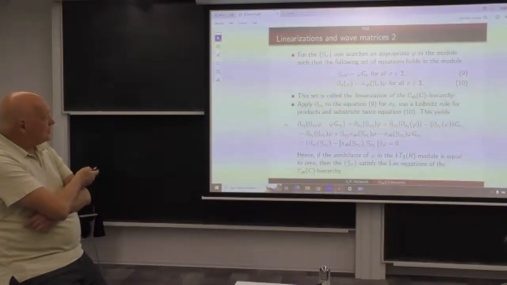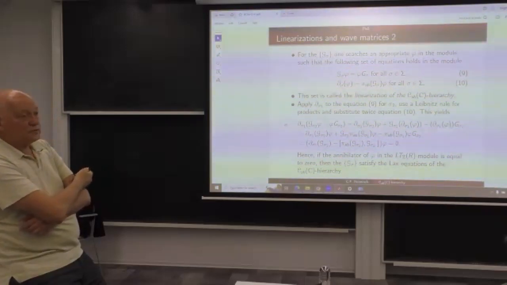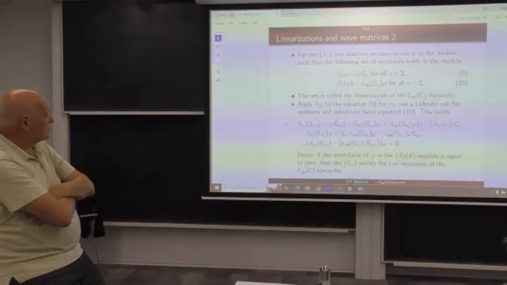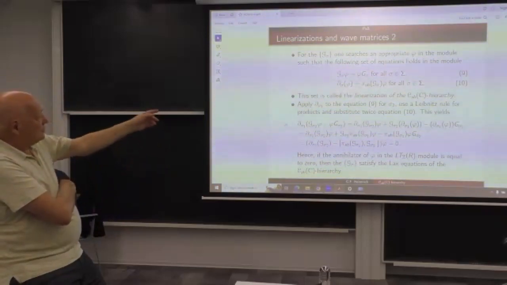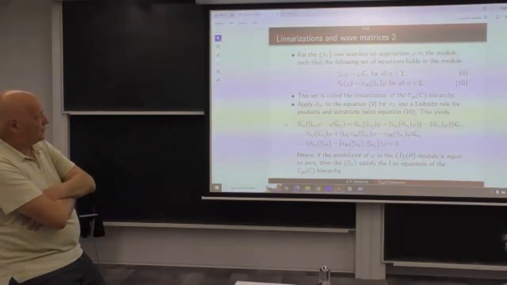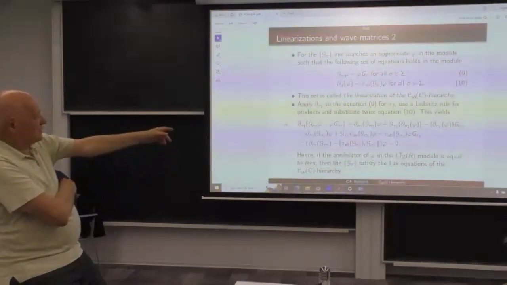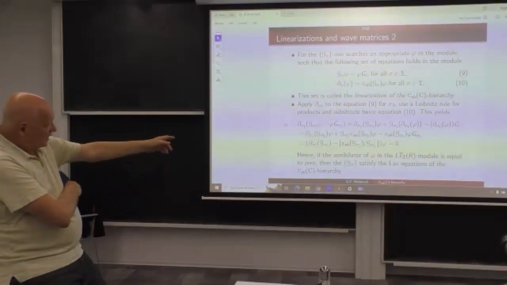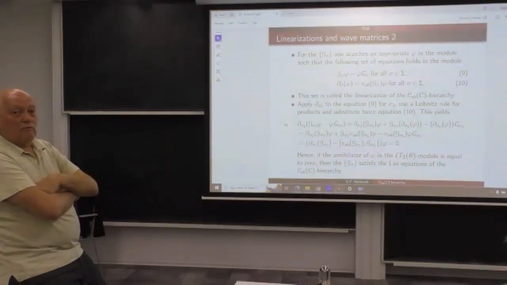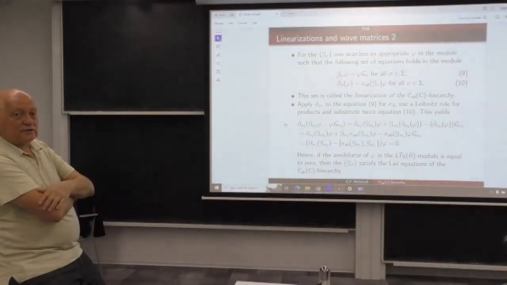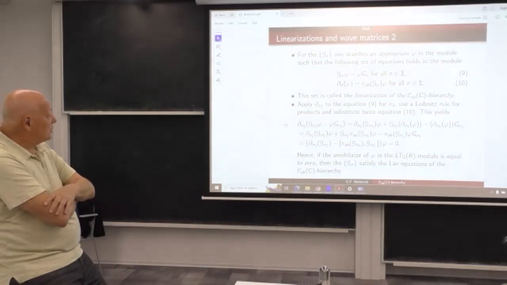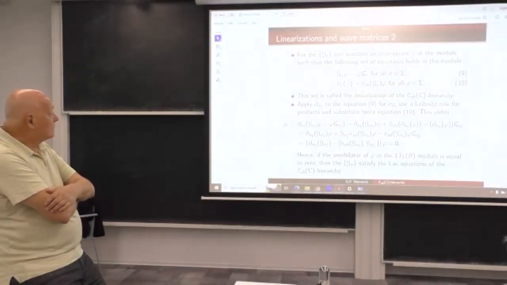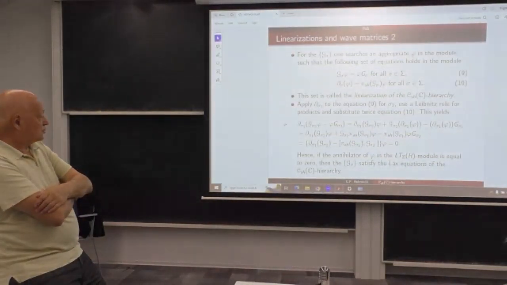Now, this is called linearization, and if you do a set of manipulations, we differentiate the first equation with respect to sigma 1, and then we substitute twice number 10. So it's written out here, and what you see, you get the Lax equation times phi is 0. Now, if the annihilator of phi is 0, then we get automatically the Lax equation.